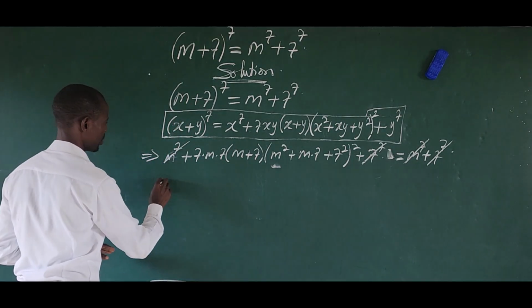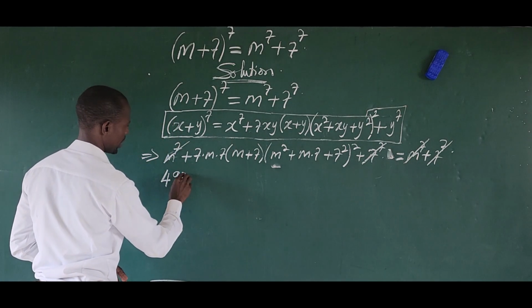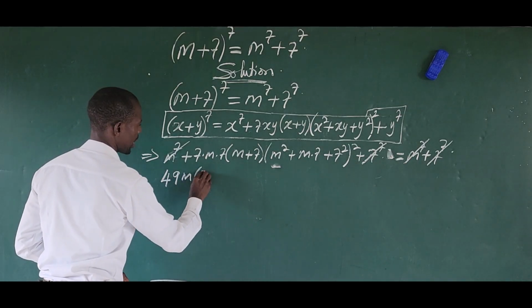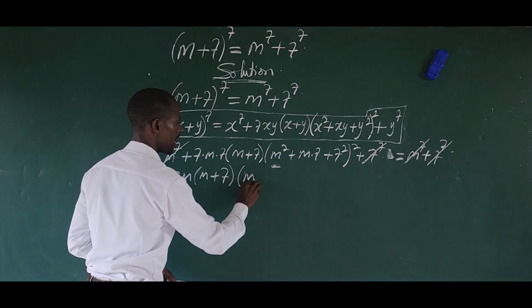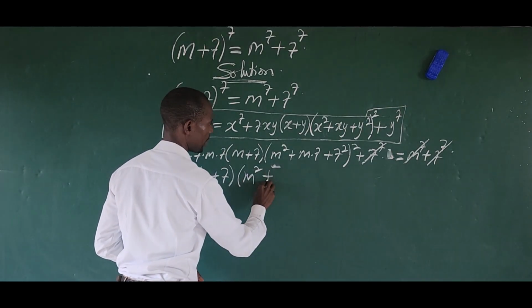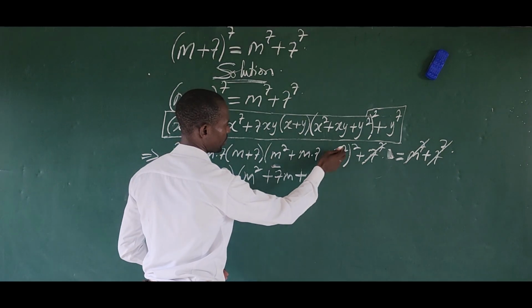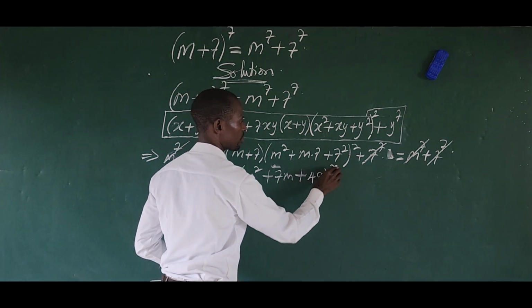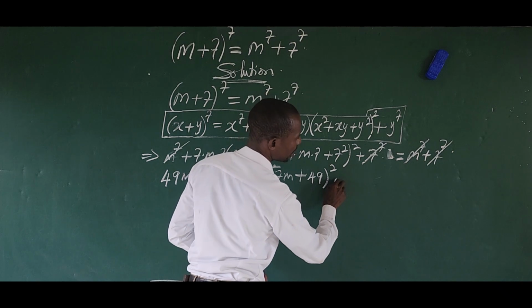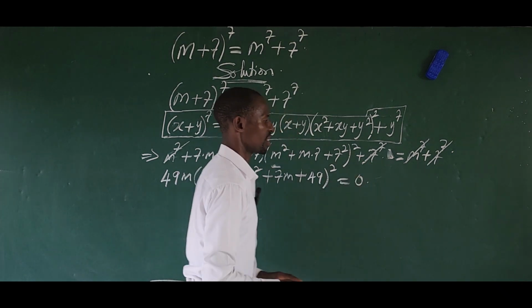So we now have 7 times 7, which will give us 49m, times (m + 7), times (m^2 + 7m + 7^2, which is 49) all raised to the power of 2, and here we have nothing, so this is equal to 0.